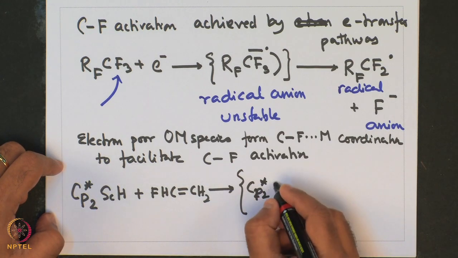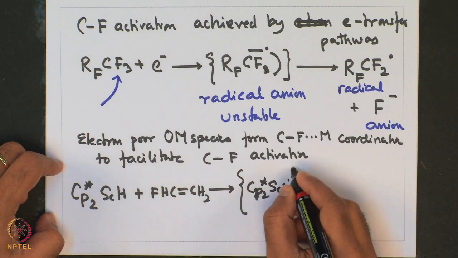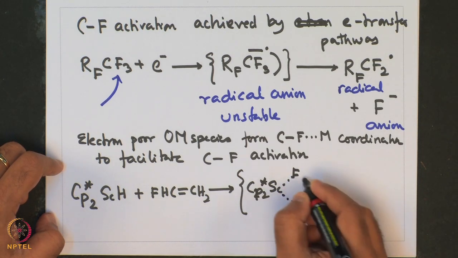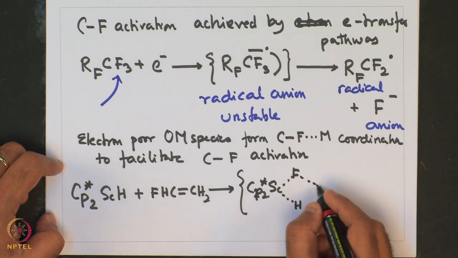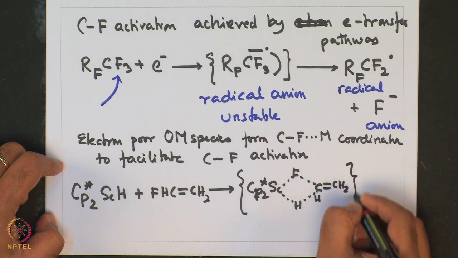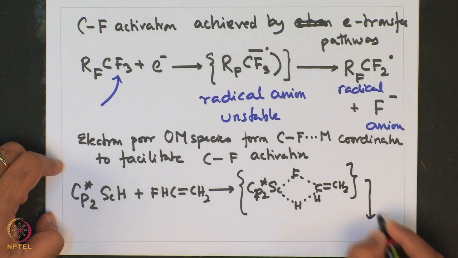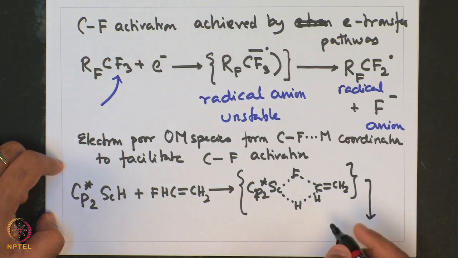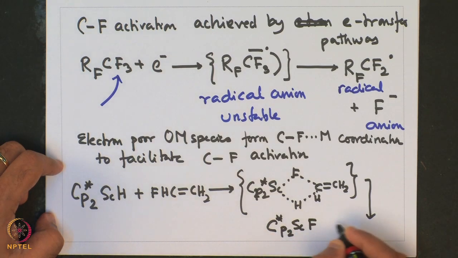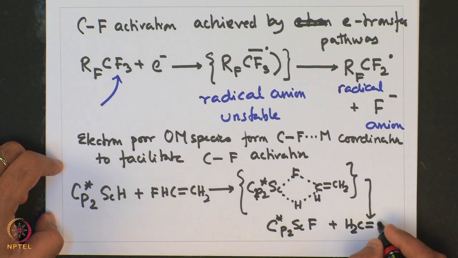Cp star 2 scandium interacting with fluorine of this alkene finally results in the formation of Cp star 2 scandium fluoride and ethylene.